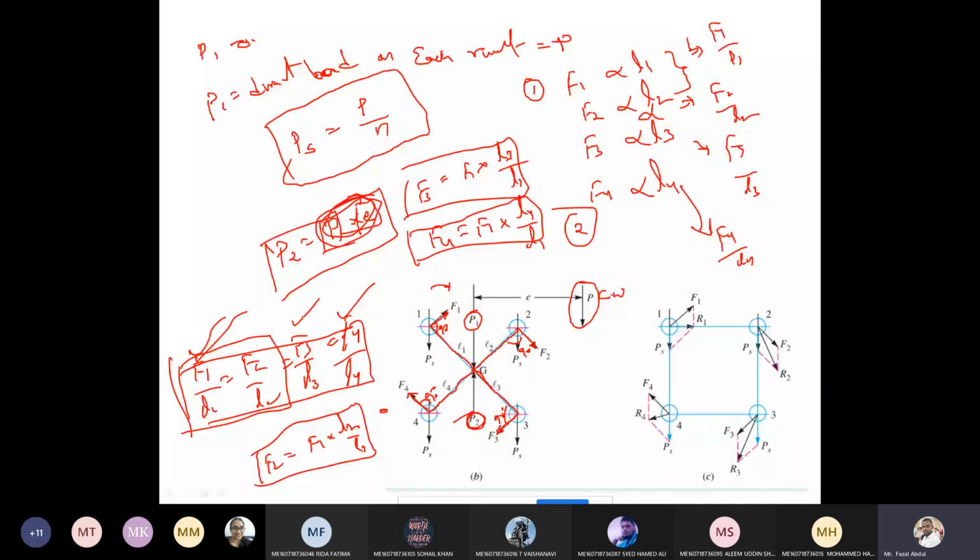Now, what is the meaning of this one? P into E, whatever eccentric load we are applying, is equal to the sum of all turning moments. What is each turning moment? F1 into L1, F2 into L2, F3 into L3, F4 into L4.